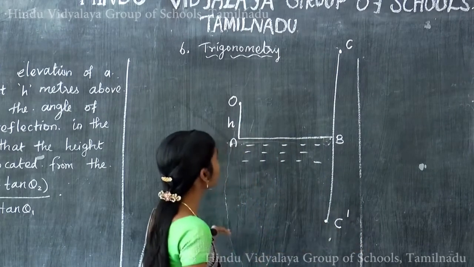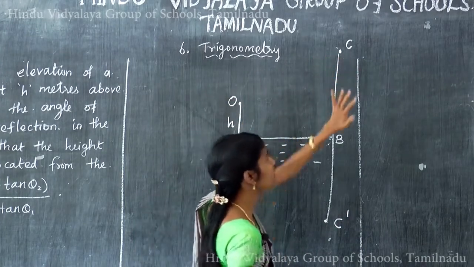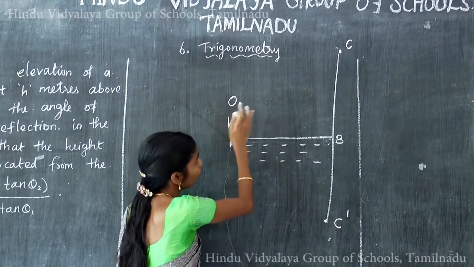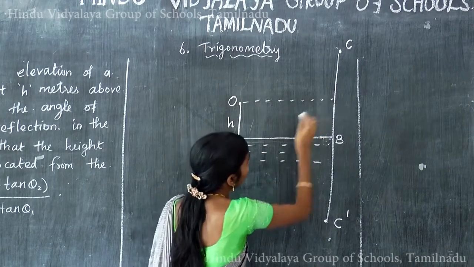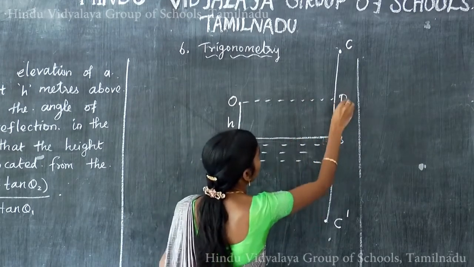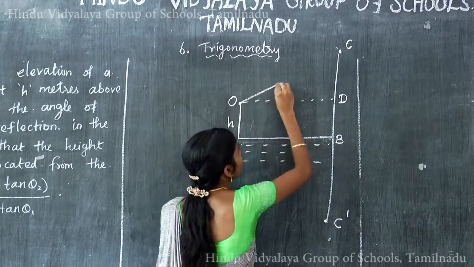Then what is given? The angle of elevation from O to the cloud is theta 1. So O is the point of observation. So from O draw a horizontal line. It is parallel to AB. Mark this as D. So join the line of sight.